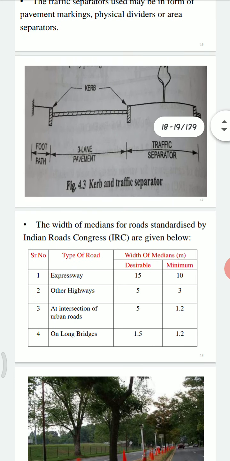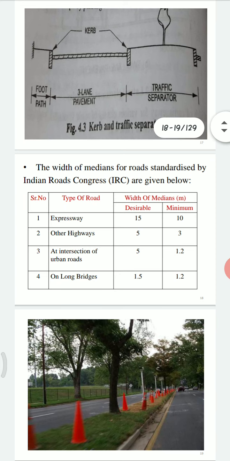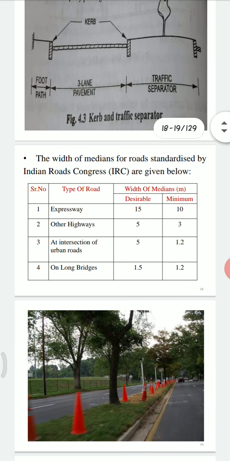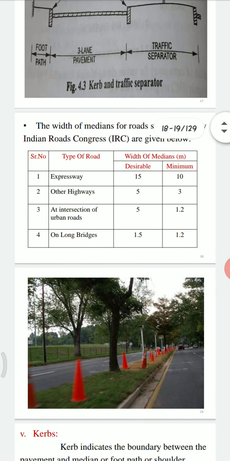As per the IRC, for expressways the desirable maximum is 15 meters, and the minimum is 10 meters. Other highways, meaning state highways and national highways, have a maximum of 5 meters and a minimum of 3 meters.